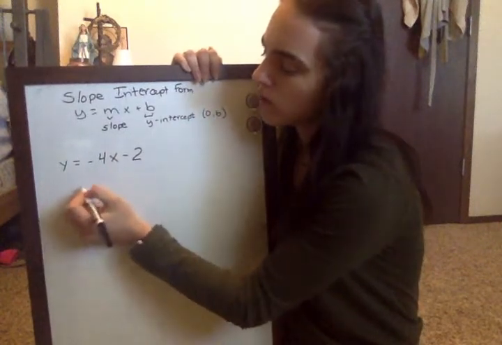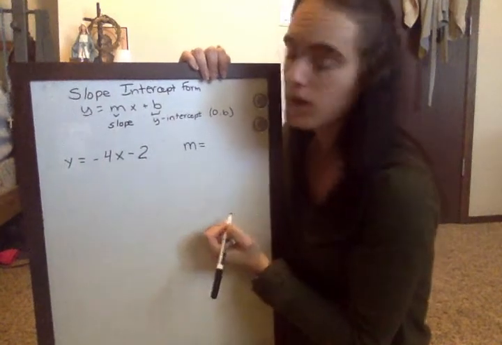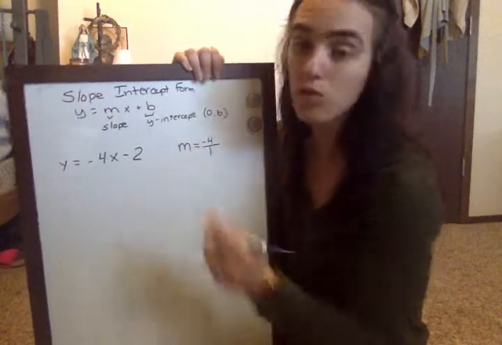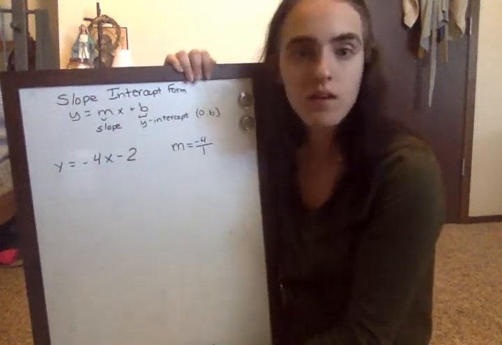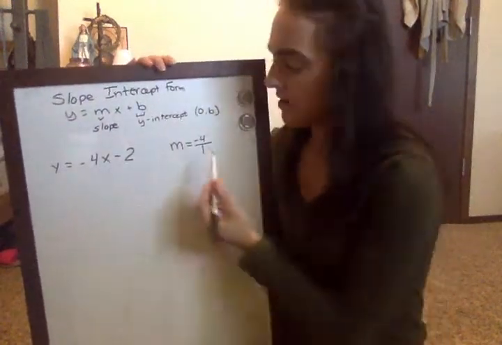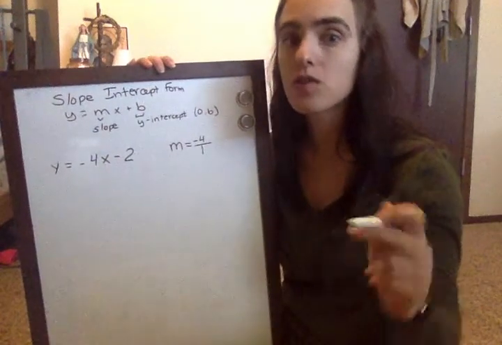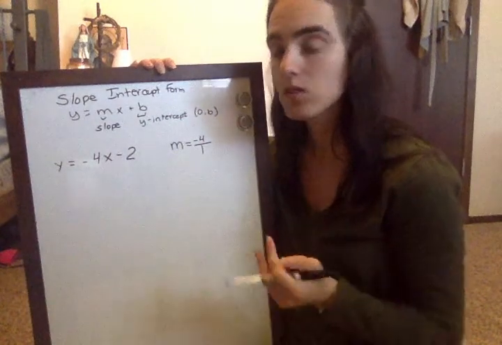So our slope, which I write as m, is negative 4 over 1. Because 4, a whole number, can be written as a fraction. Remember, slope is usually a fraction. So it's negative. That means I go down 4 and to the right 1.